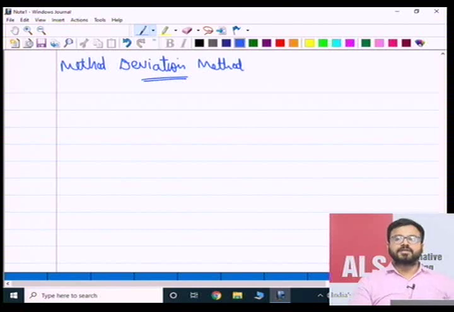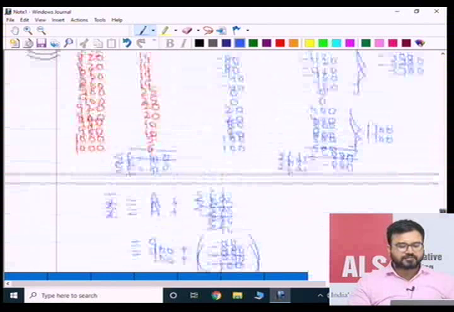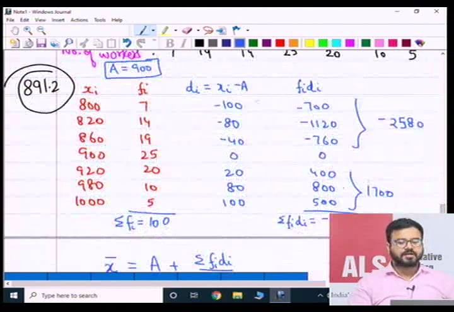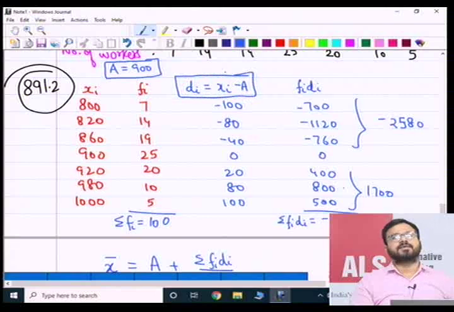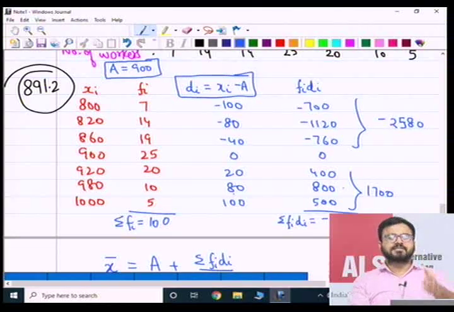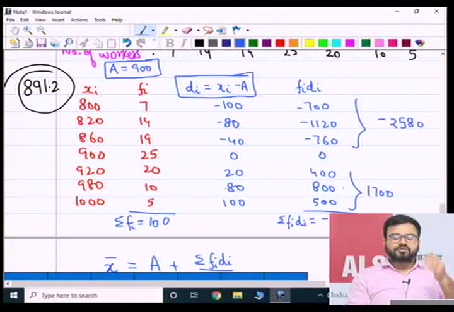This is used further after the assumed mean method. When we were doing the assumed mean method, after getting this di, which is xi minus A, sometimes these values are still very large. You can see these are 80, 100, 40, 20. So in order to reduce these values also, we use the step deviation method.